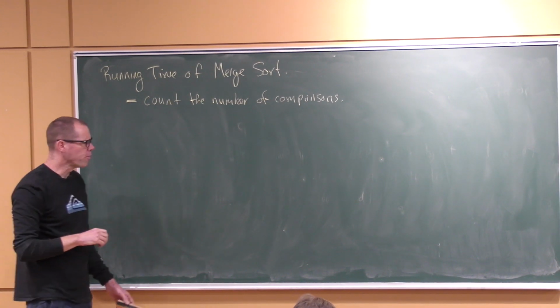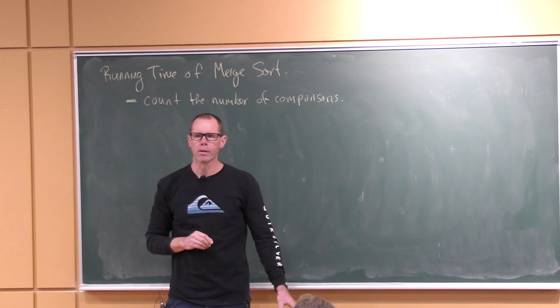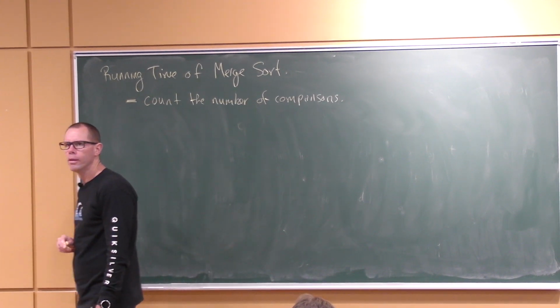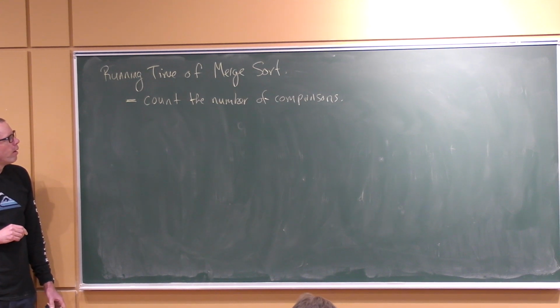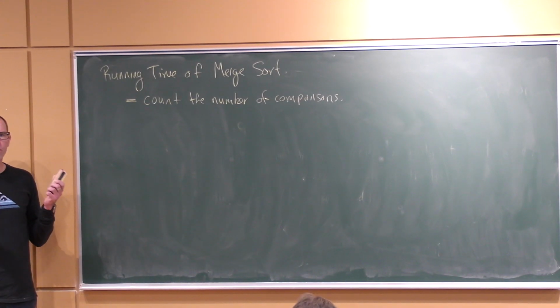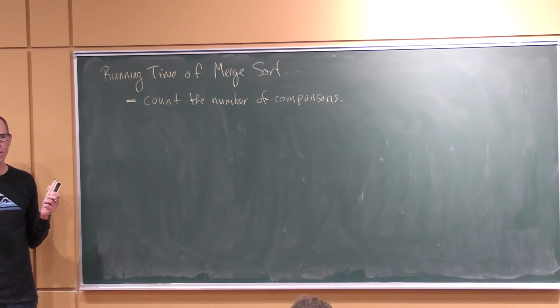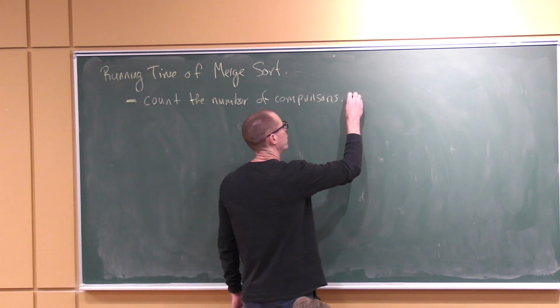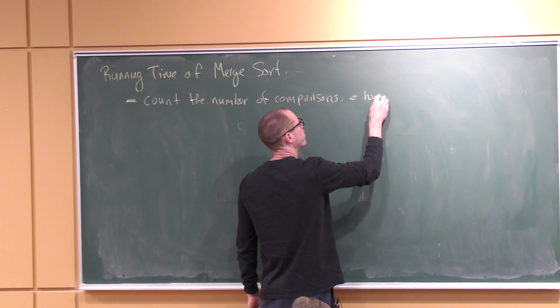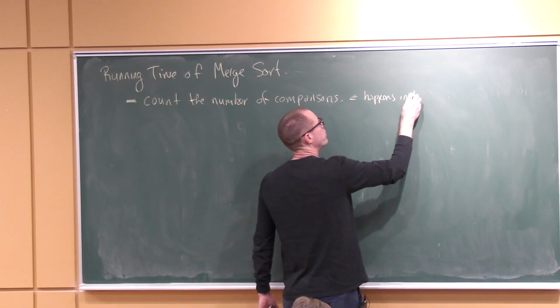So where did the comparisons happen in MergeSort? I've just erased the code, but where do different input values get compared? Is it actually in the MergeSort function? No, it's in the merge function. So this happens in the merge function.